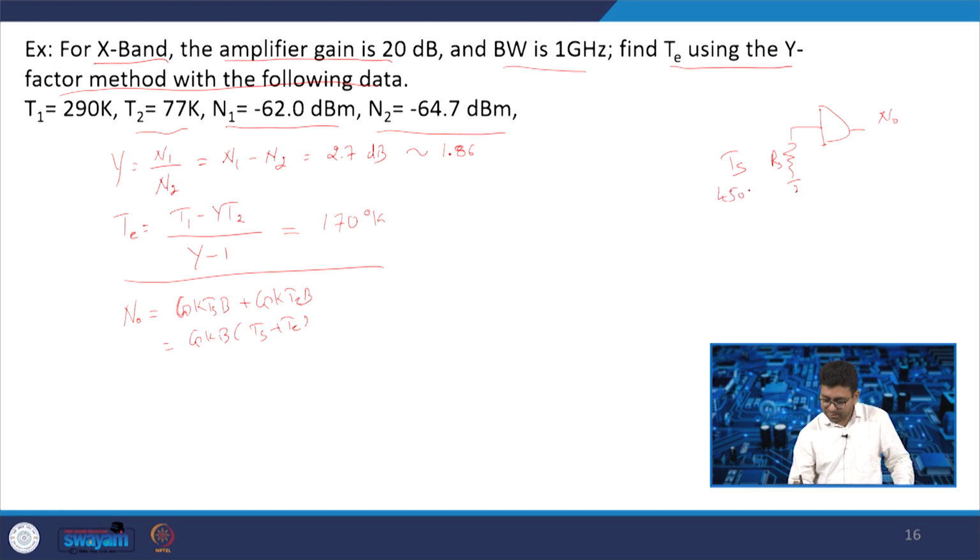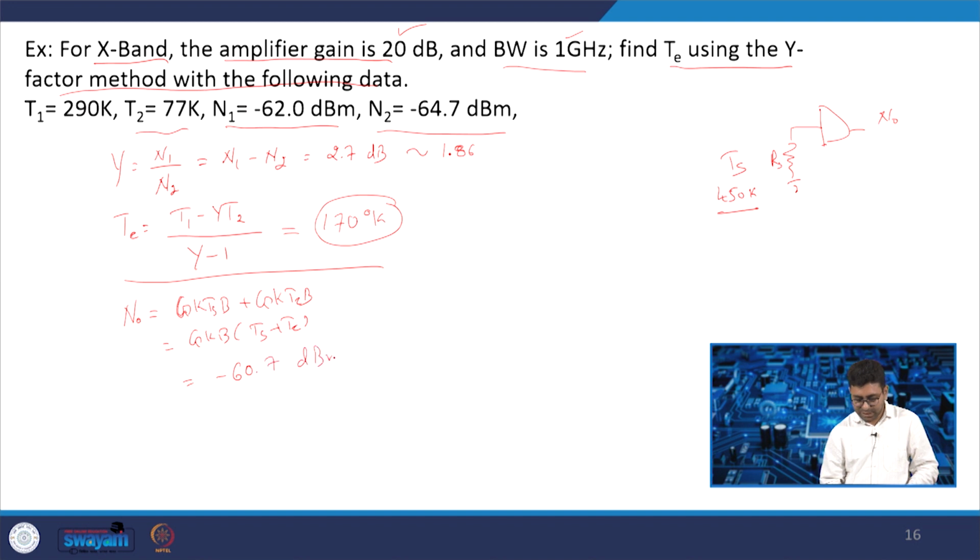If your Ts is, for example, 450 Kelvin, you just put 450 Kelvin, then the Te that you got, 170 Kelvin, and put in all the values of gain and bandwidth. You will get the output noise power of around minus 60.7 dBm.